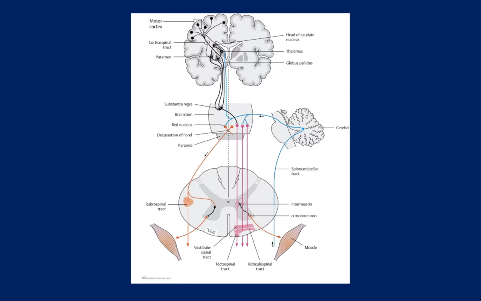Once that information passes into the thalamus, it's then going to have to go down through efferent channels into the muscle. Now this diagram here shows in the top region the motor cortex with its multiple different rays, and that information tracks down into the corticospinal tract.